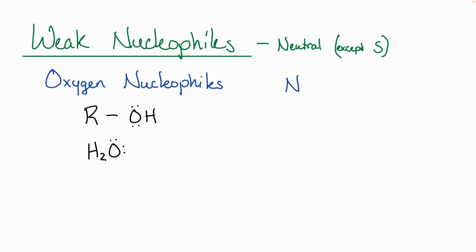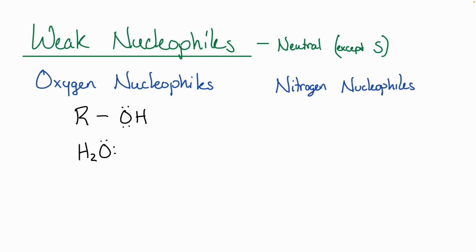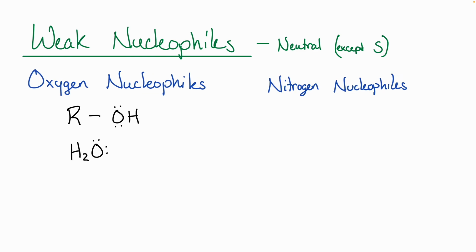All right, but we can also say our nitrogen nucleophiles. Again, strong nitrogen nucleophiles are nitrogens that are negatively charged. Weak nitrogen nucleophiles are simply going to be neutral nitrogens, like an amine or ammonia.